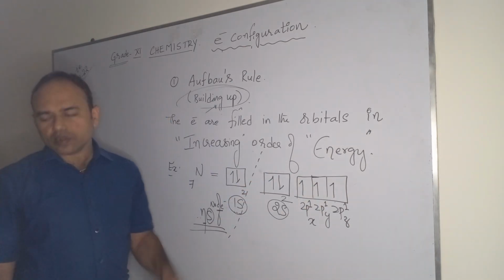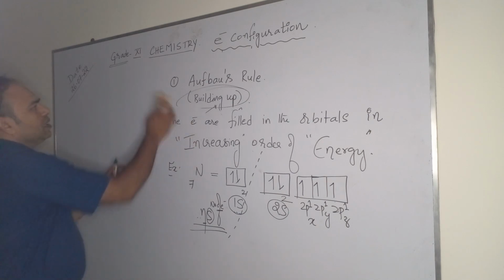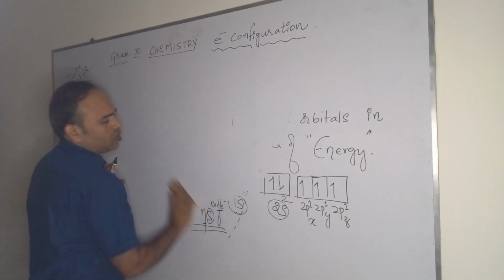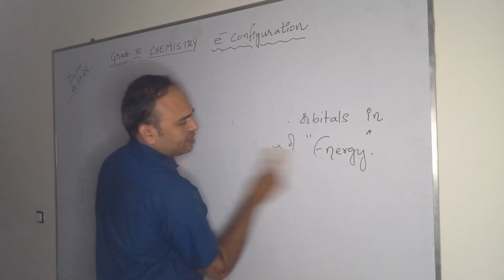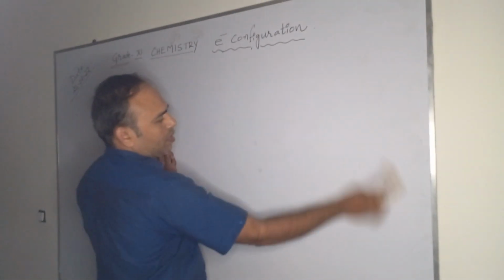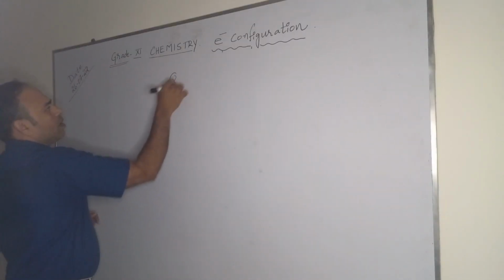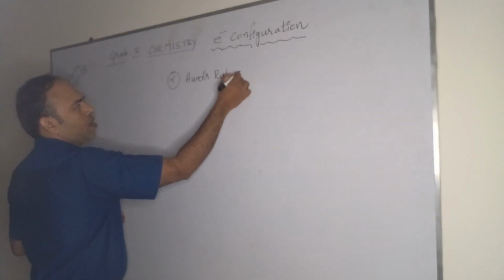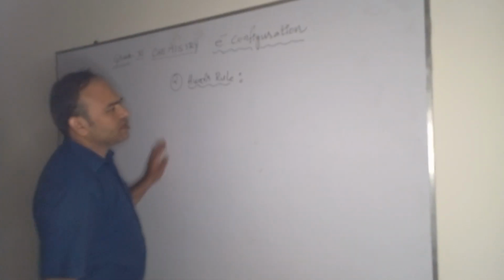Now let us see the second rule. The name of the second rule, what is that? Hund's rule of maximum multiplicity. I'll just mention it as Hund's rule here, but the full name is Hund's rule of maximum multiplicity.